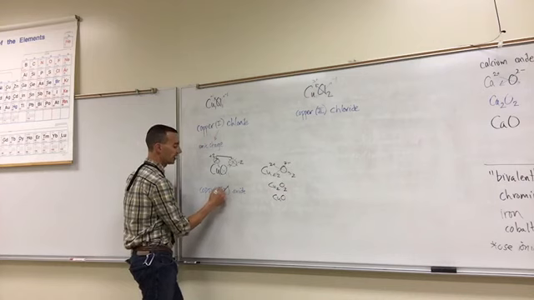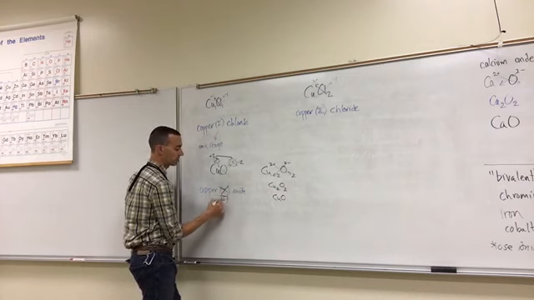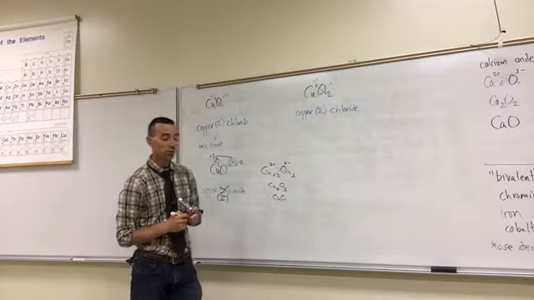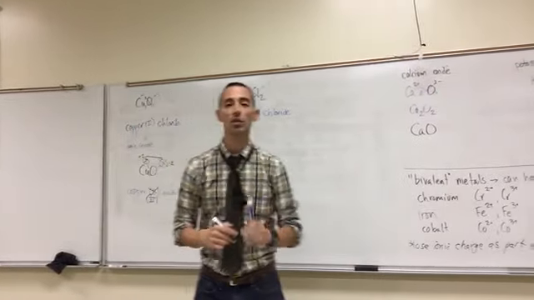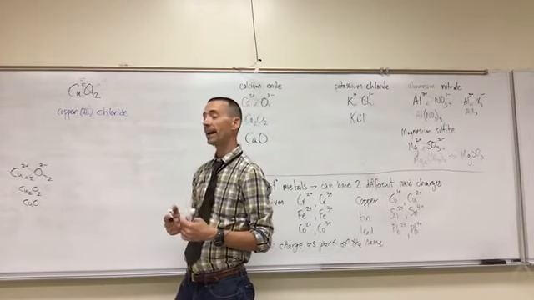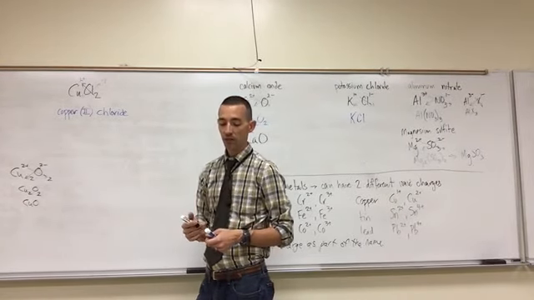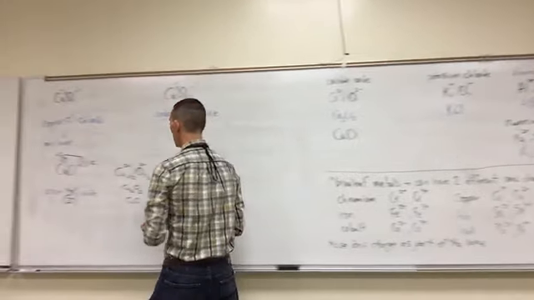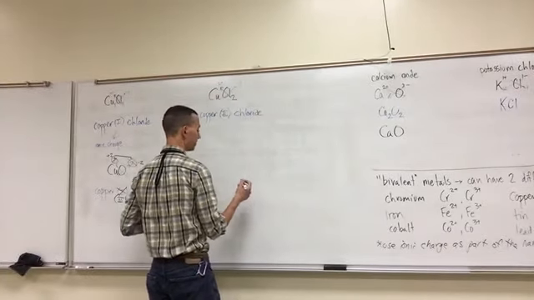So this is, in reality, copper 2 oxide. And so it's really important that you know the charges that certain elements, particularly your anions, should have, so that you don't misdiagnose one of these charges that we have.